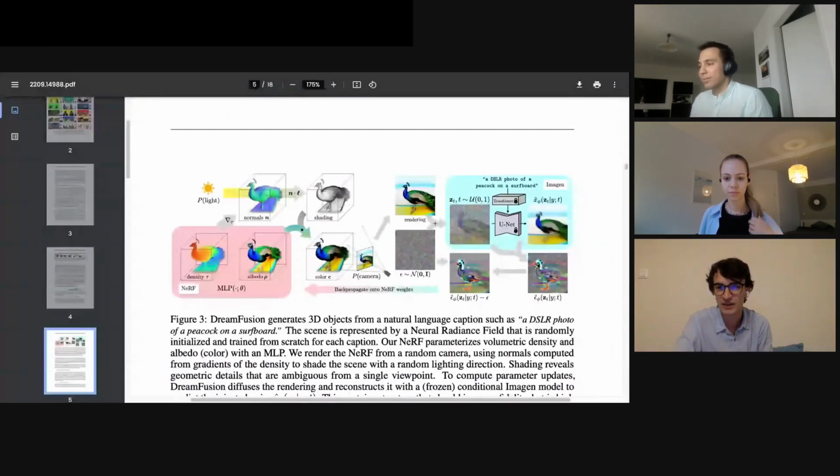And as far as I know, everything in this figure is differentiable. And I think that's just really cool, and the NeRF approach will probably be more usable in the future, I think, compared to physics-based differentiable rendering.